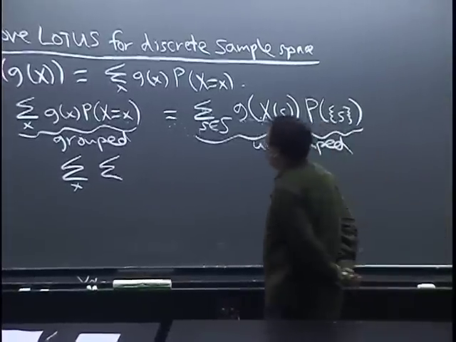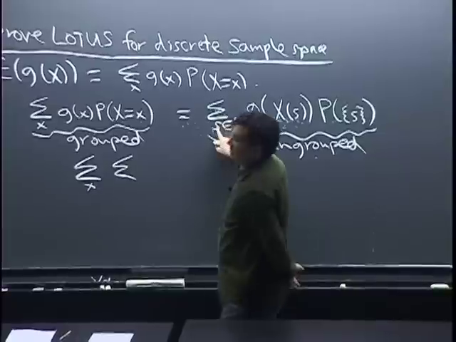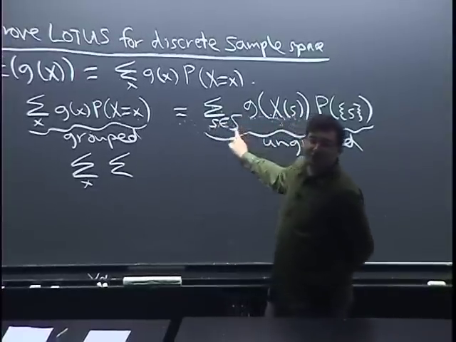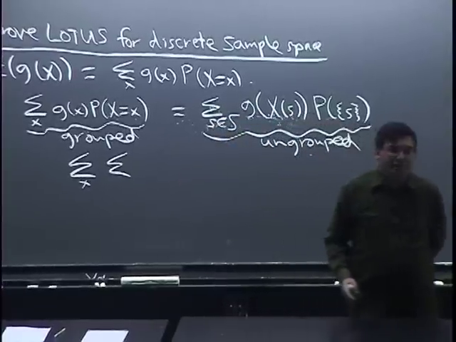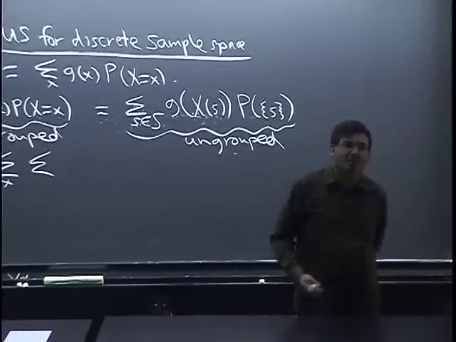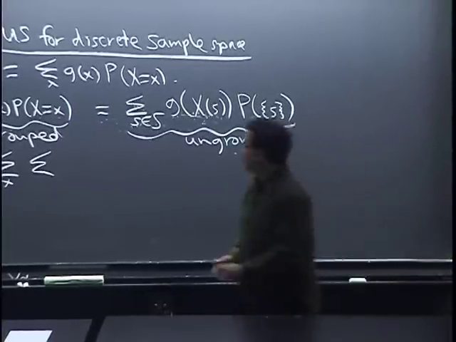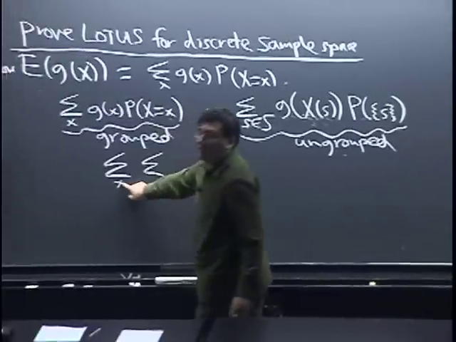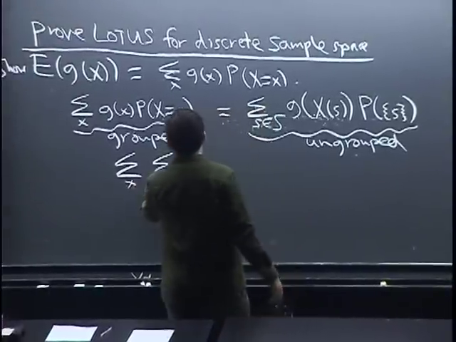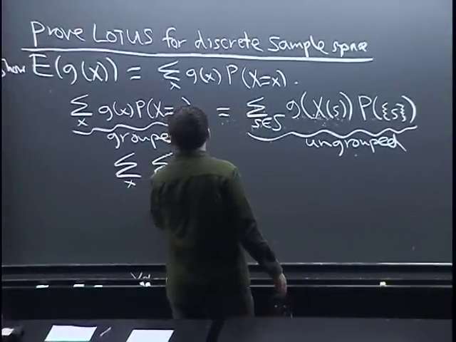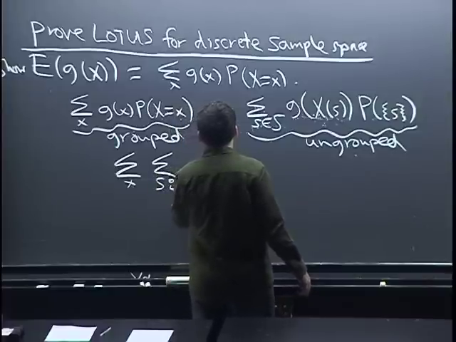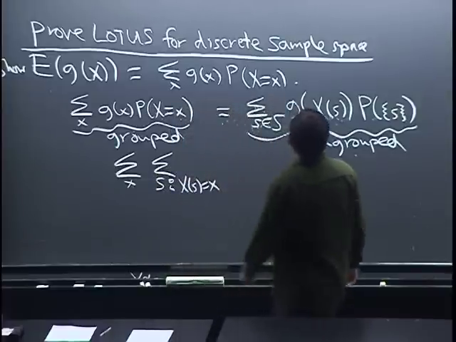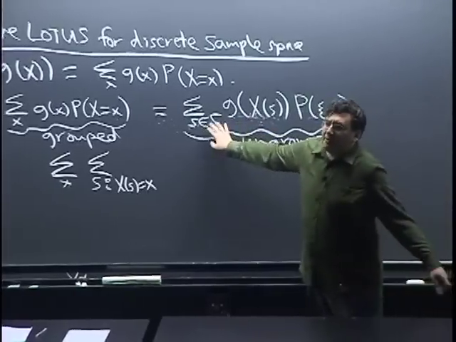So the double sum would be, I'm going to rewrite this, a sum over all pebbles. But one way to think of that would be first sum over values of little x, and then for each value of little x, sum over all pebbles s such that x of s equals x. Because this is just a sum of a bunch of numbers.